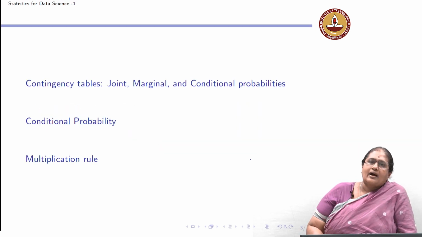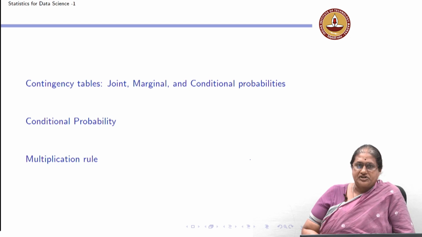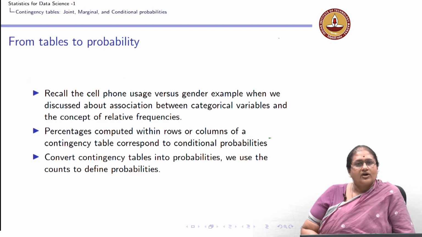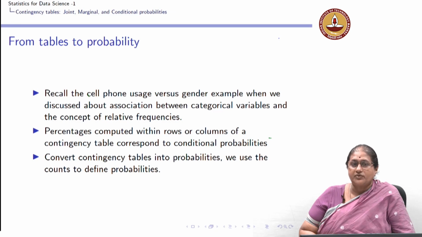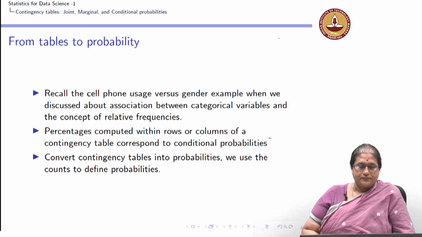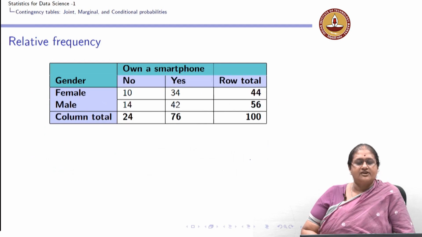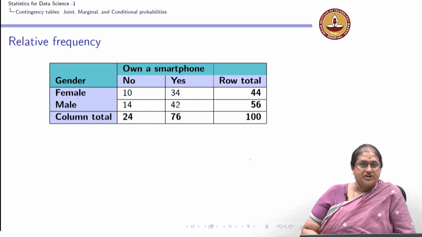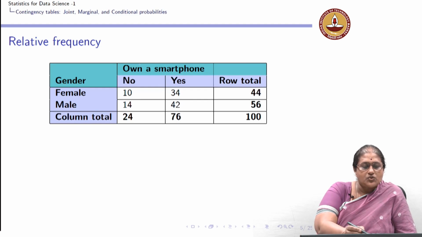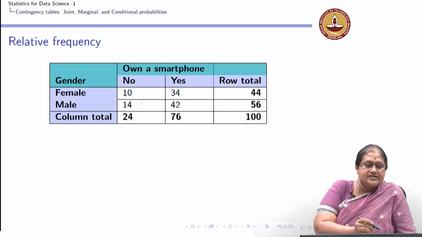So, how do we motivate our need for conditional probability? Recall when we looked at association between categorical variables, we introduced what we referred to as contingency tables. If you recall the cell phone versus gender usage, this was our contingency table.